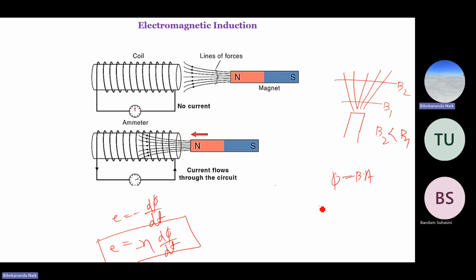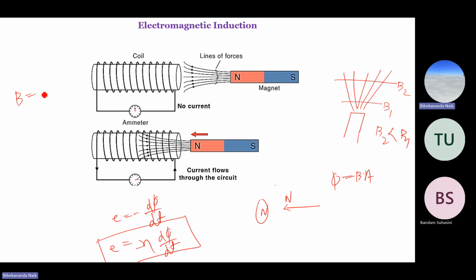Suppose you are taking a north pole towards the coil, the current will be induced in the circuit in such a way that the face of the coil towards this magnetic pole will again be a north pole. So they will repel each other. That is, it will try to reduce the effect of the magnetic field which is resulting in the production of that induced EMF.